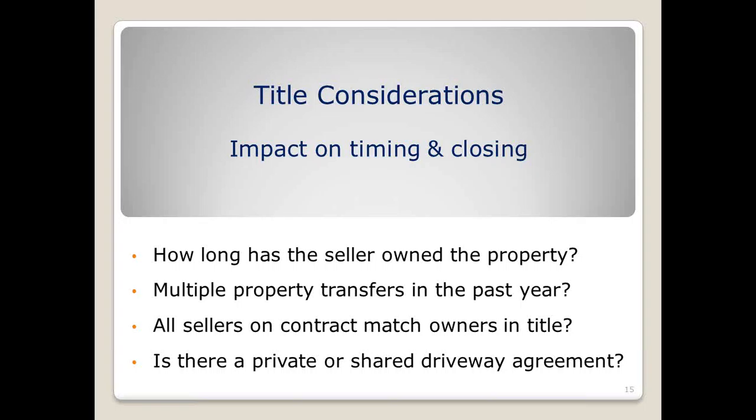And as a good realtor, if the property has just been resold and it's less than 90 days and it's not a bank, there are some considerations you need to be aware of and ask your lender as far as how that might affect the buyer. Multiple property transfers in the past year, again, that's looked at when the title report is reviewed by the underwriter, and it will have to be addressed. All sellers in the contract must match owners on title.